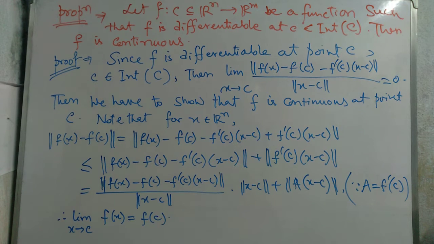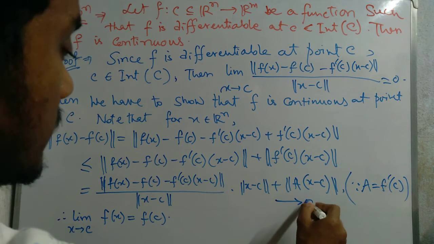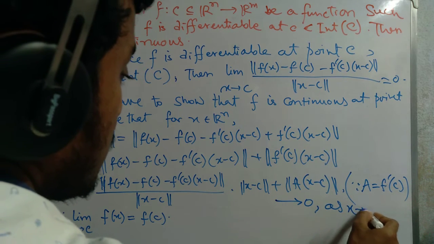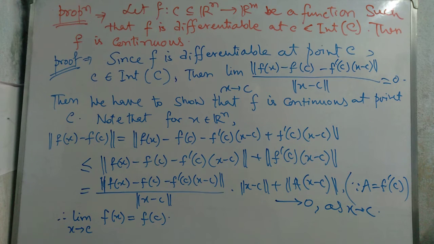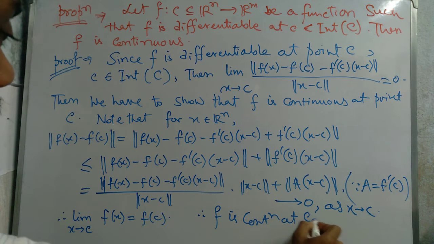Why? Because this equals f'(c) and this tends to 0 as x tends to c. So the limit as x tends to c of f(x) equals f(c). So f is continuous at c.